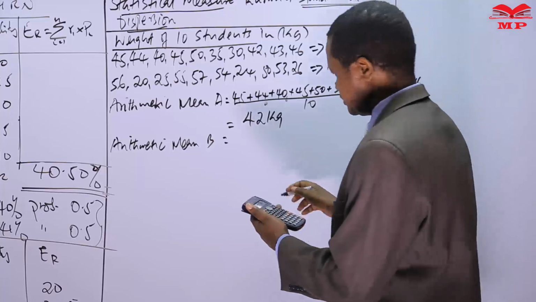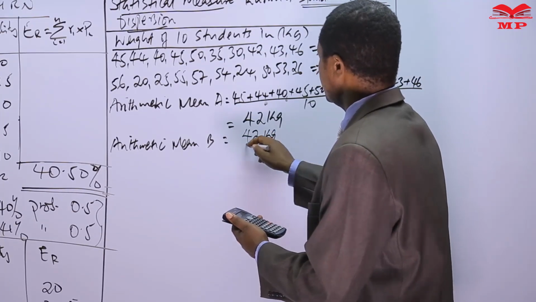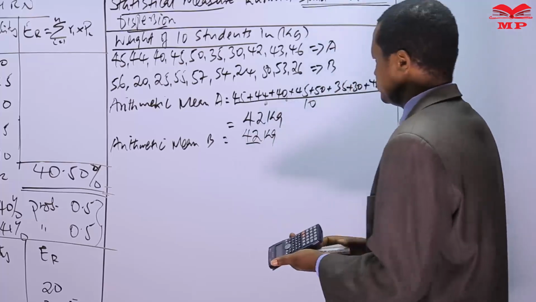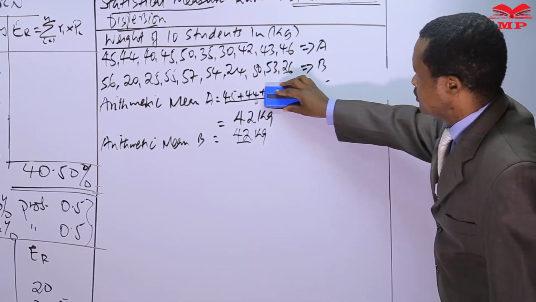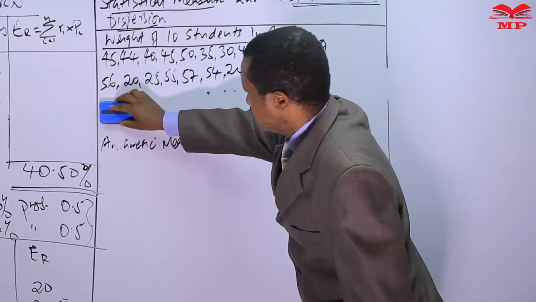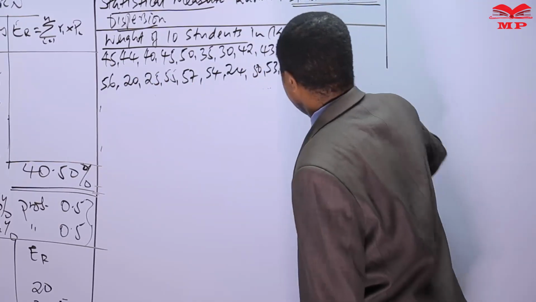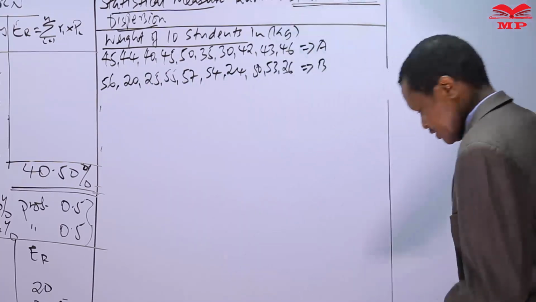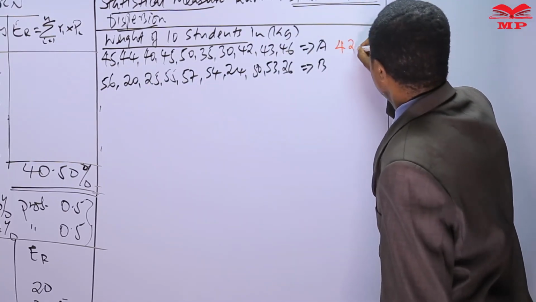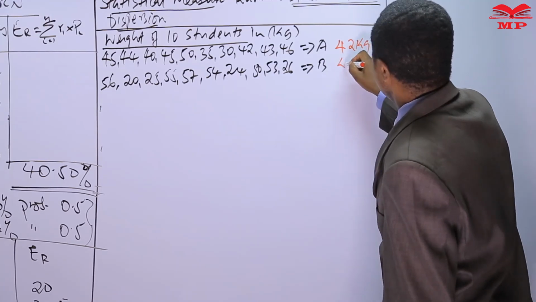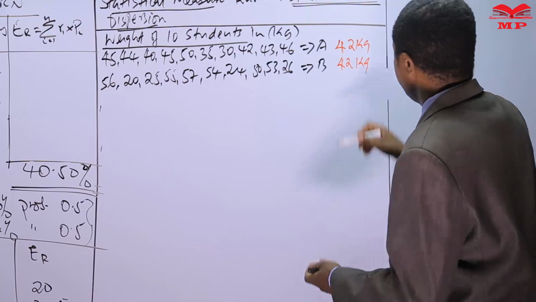The mean is the same, 42 kilograms. So the two sets of students we have seen, their mean is the same. The mean here is 42 kilograms.